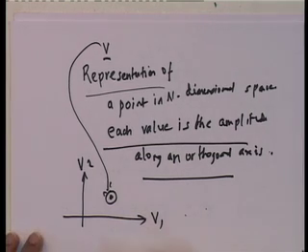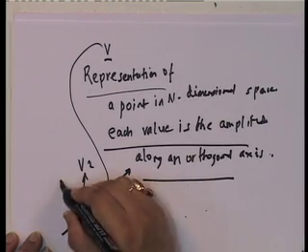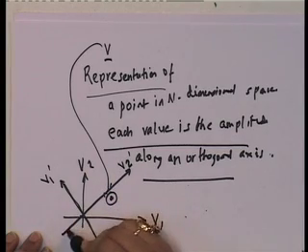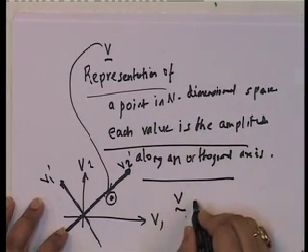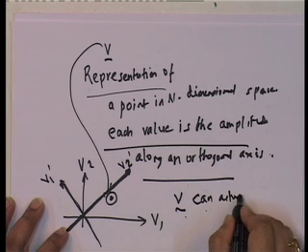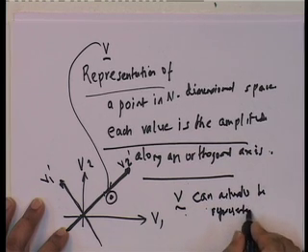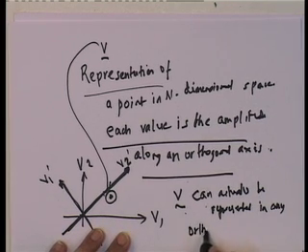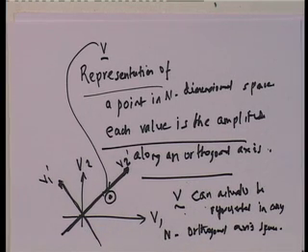Now, this point V can actually be represented in any orthogonal axis space, as long as it is an n orthogonal axis space.